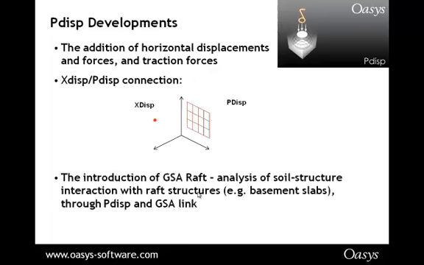And also the introduction of GSA Raft, which looks at analysis of soil structure interaction of raft structures. I'll cover this very briefly in a minute or two, but there are more detailed webinars which have covered this in the past. If you are interested, I suggest you get in touch with us, because there are a lot of examples of where Pdisp and GSA have been used together, and GSA Raft has been used.